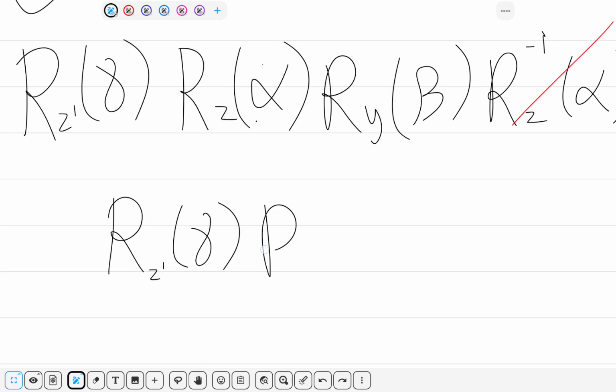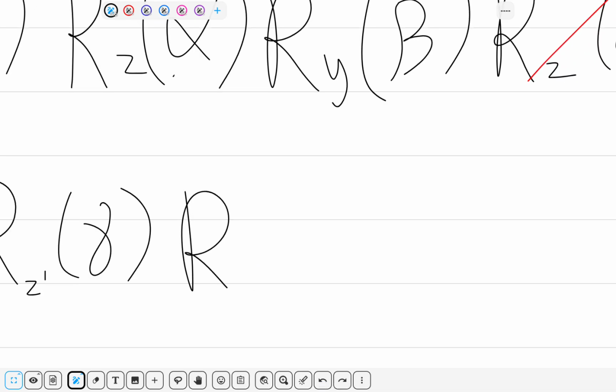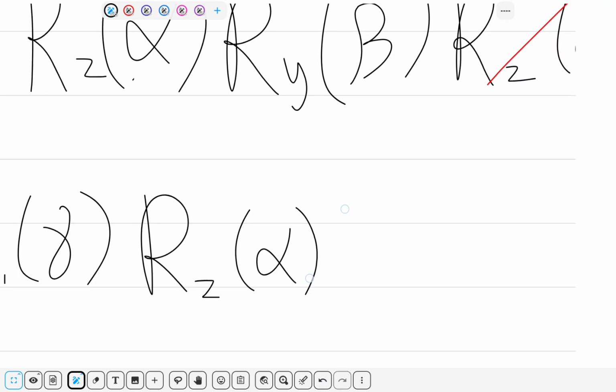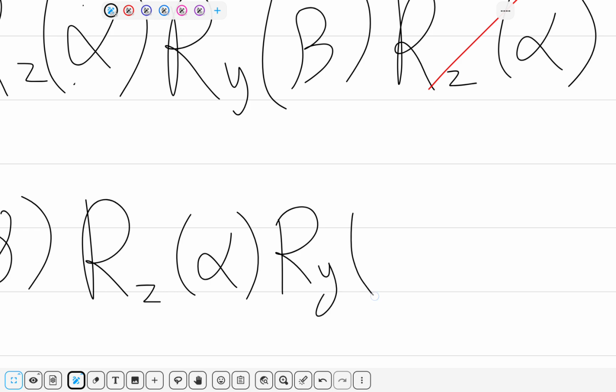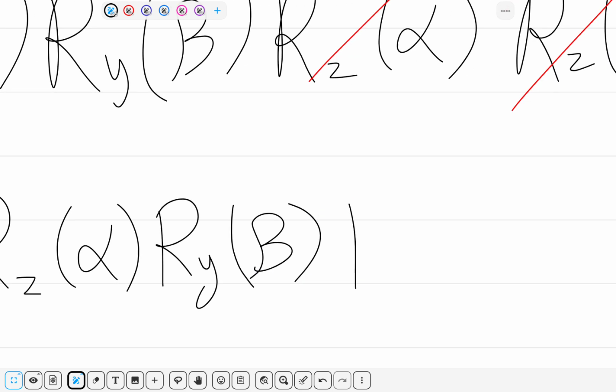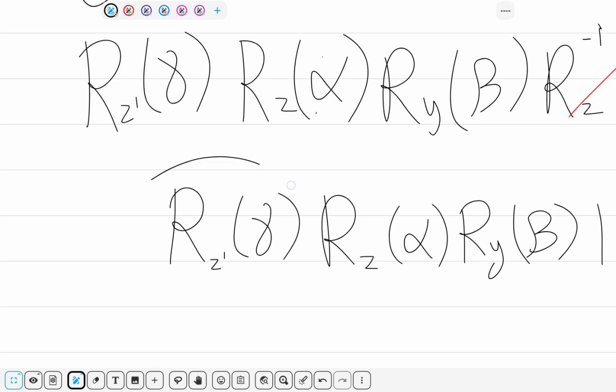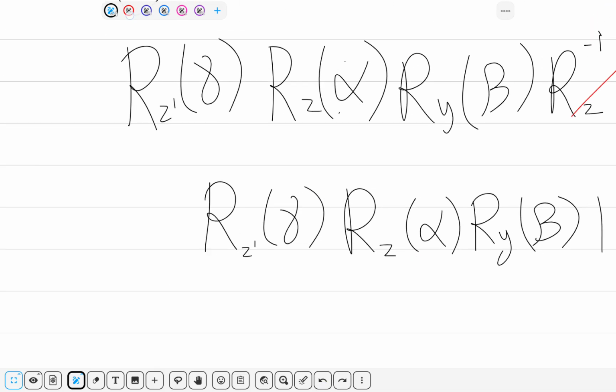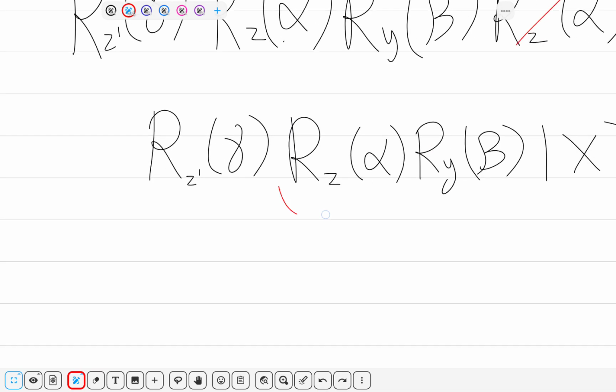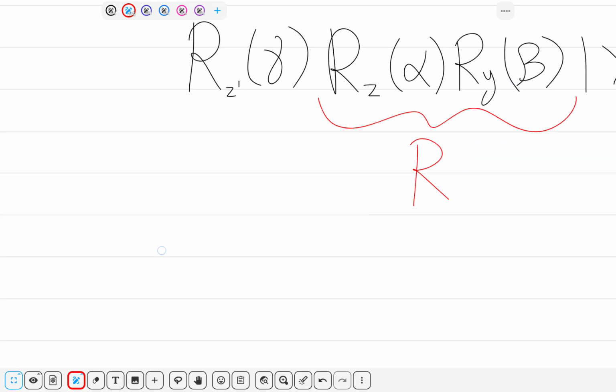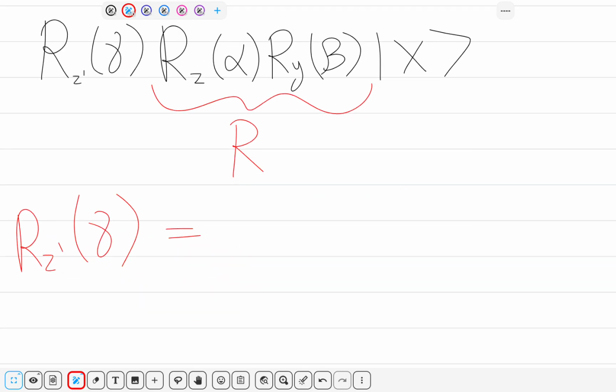So we have our rotation matrices in terms of our coordinates, almost all of them except this one. We do the same thing. Assume that this is some rotation capital R. For Rz prime of gamma, we do a similarity transformation again.